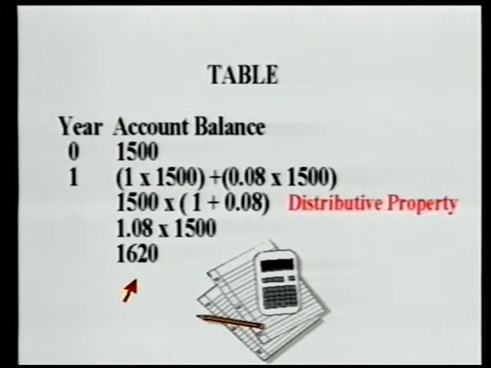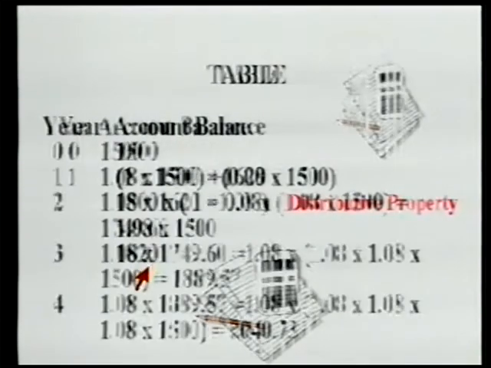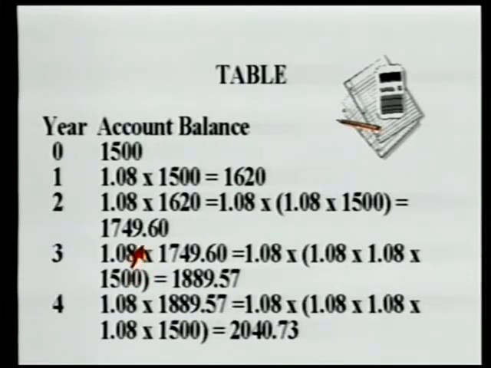For our second year and concurrent years, we take again our interest rate of 1.08 times our first year balance, and that would give us 1.08 times 1.08 times 1,500, since this is our second year, giving us a balance in our second year of $1,749.